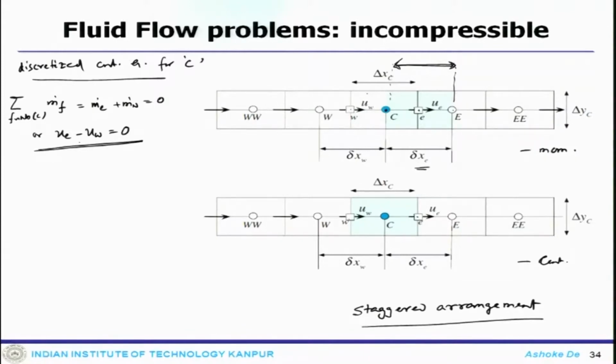For scalar, this is the control volume, and when you talk about the velocity, the control volume is going to be this. So, they are shifted by a small delta.